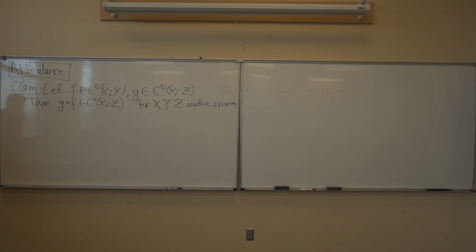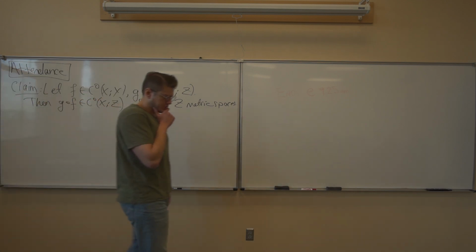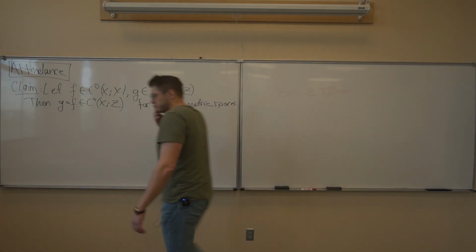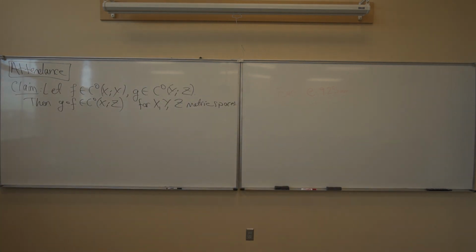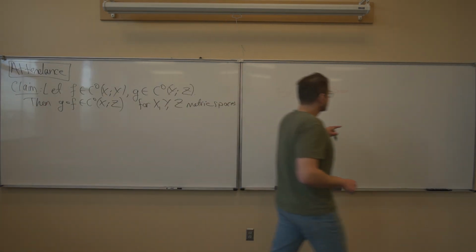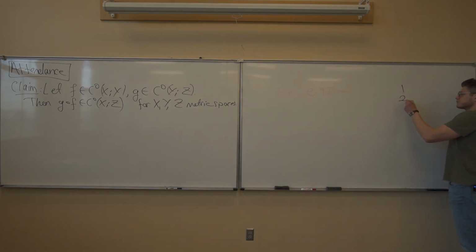Most likely, this is what's going to happen. There's going to be 4 problems in it. Some of them have parts, but in any event, the first problem is going to be worth, I think, 20 points.